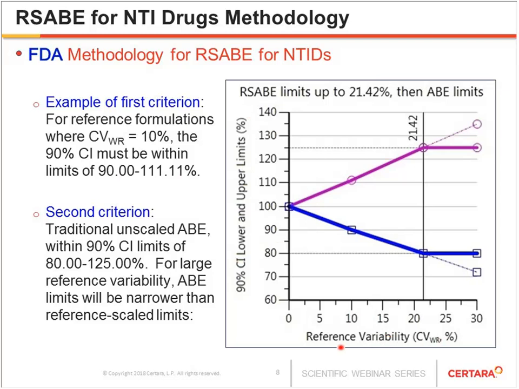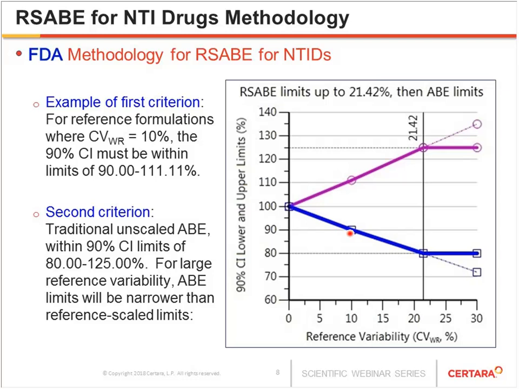So if we have a low within subject variability for the reference, we have a very tight confidence interval, and as this increases, the confidence bounds also increase. So a classic example is if we have a 10% CV, the limits are between 111.11 at the upper end and 90% at the lower end.